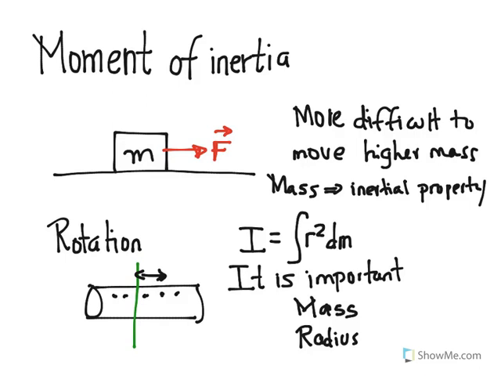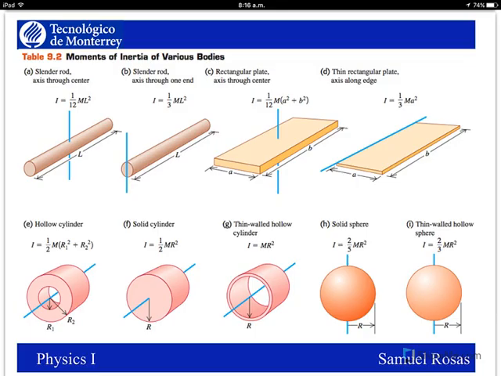So the mass is important, but also the position of the mass, where the mass is located with respect to the axis of rotation, and that is what we define as the radius. Now don't worry a lot, because we have certain figures which are already provided.